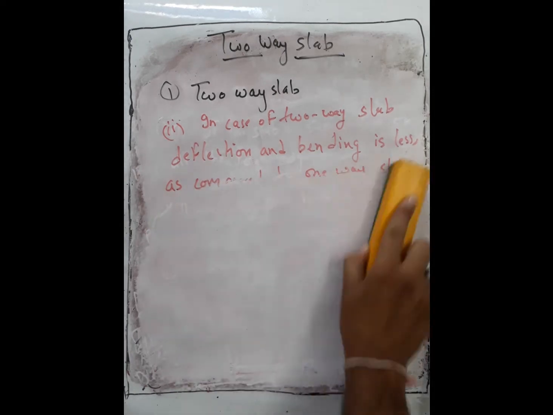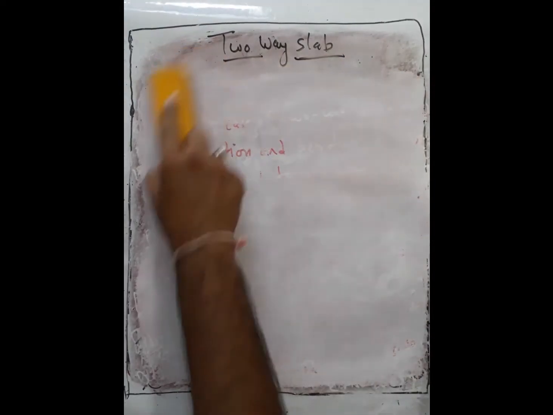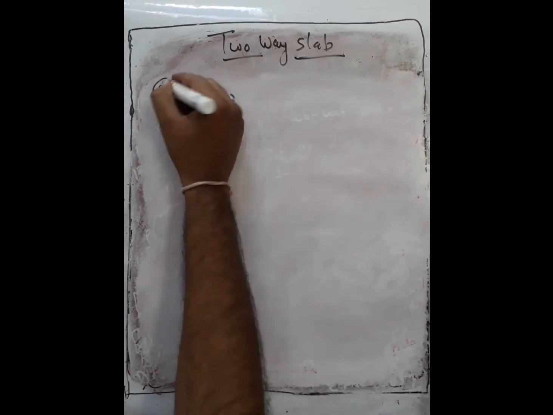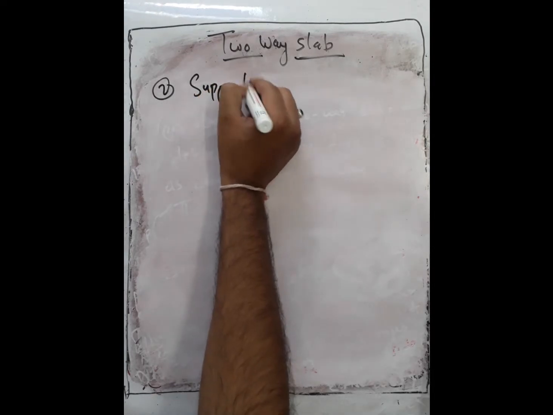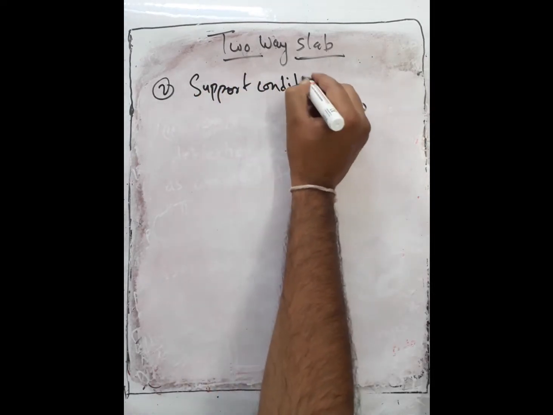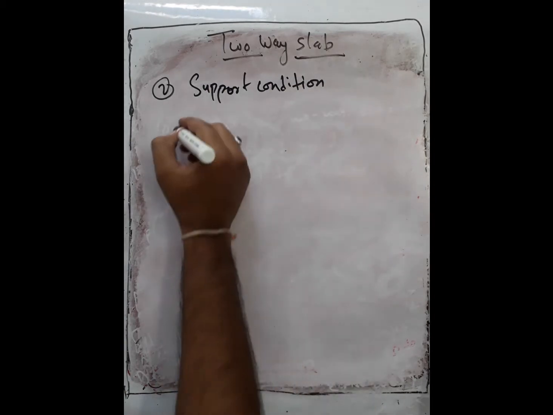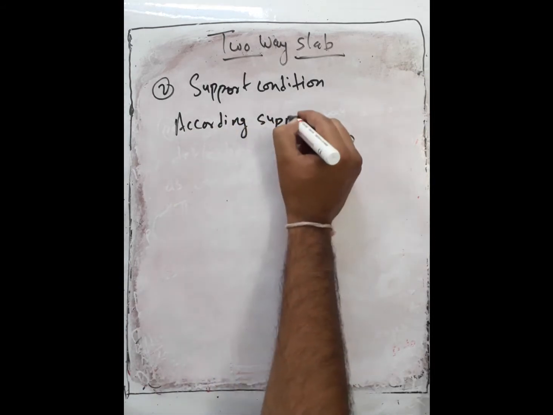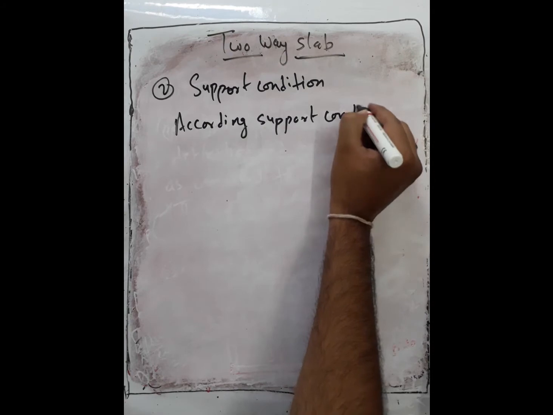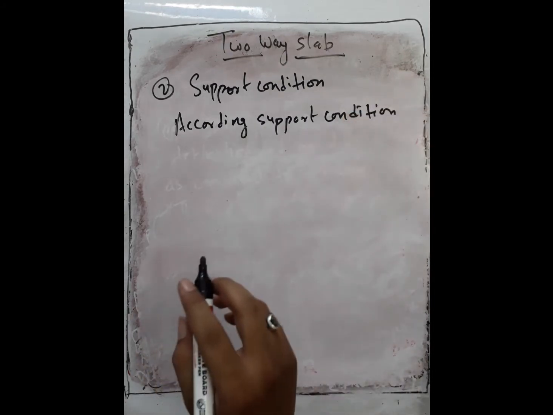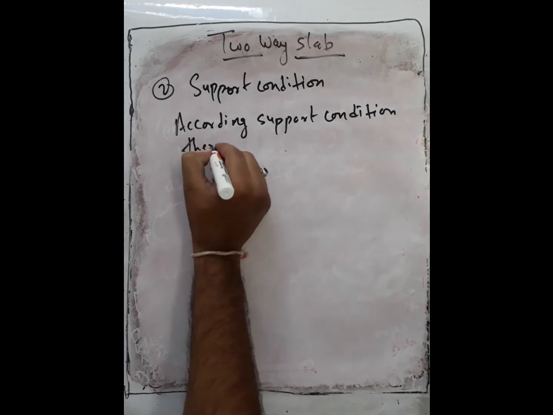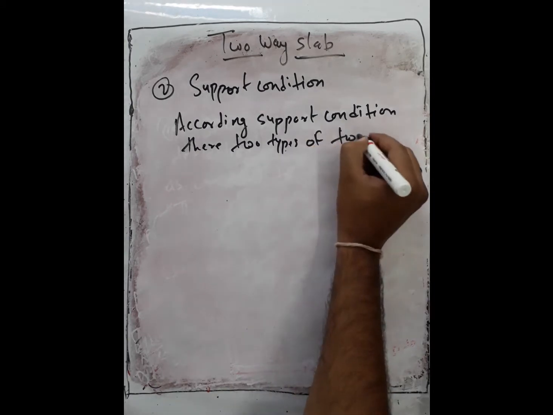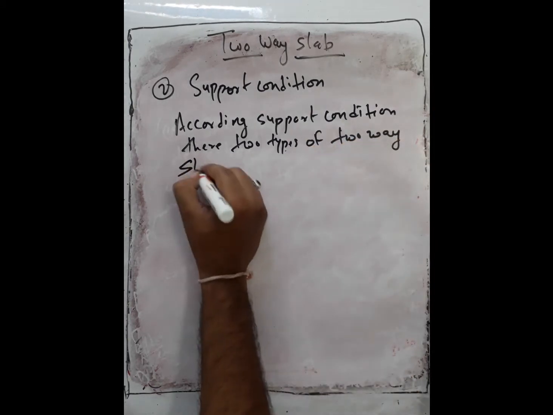Now we discuss the second point, support condition. Okay, so according to support condition, there are two types of two-way slab.